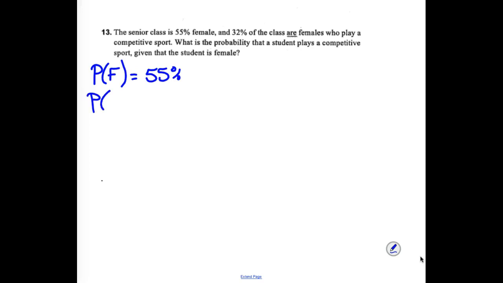The probability that they are female and they play a competitive sport is 32%. Yes? What is the probability that a student plays a competitive sport given that the student is female?